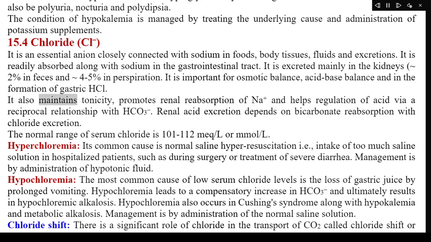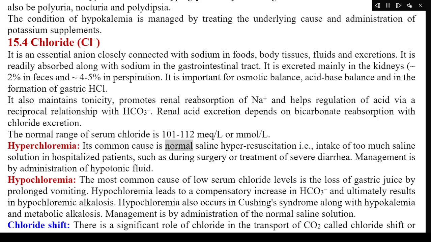It also maintains tonicity, promotes renal reabsorption of Na+ and helps regulation of acid via a reciprocal relationship with HCO3−. Renal acid excretion depends on bicarbonate reabsorption with chloride excretion. The normal range of serum chloride is 101 to 112 milliequivalent/L or mmol/L.